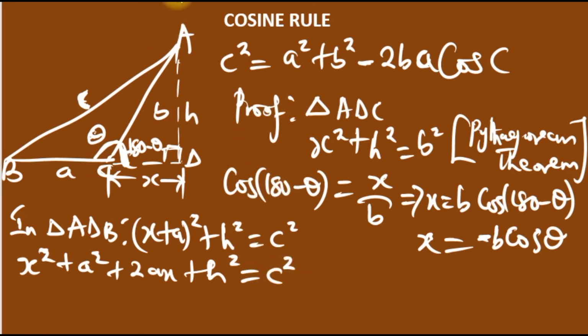So we now replace x with minus b cos theta, while I replace h squared with b squared minus x squared, making h squared the subject of formula.